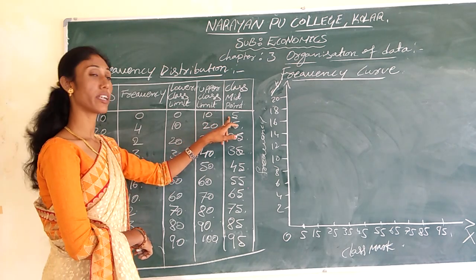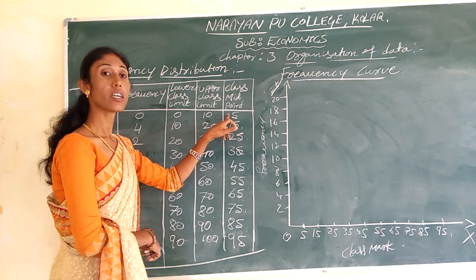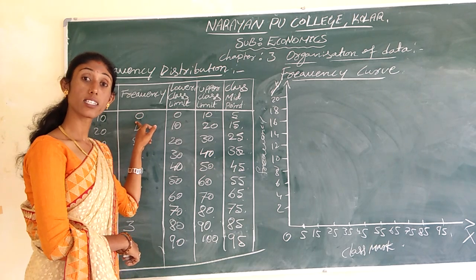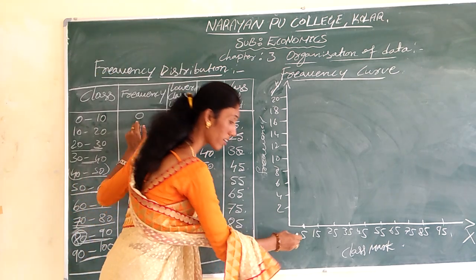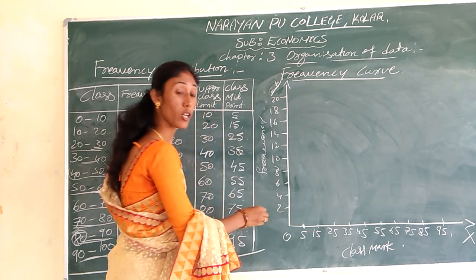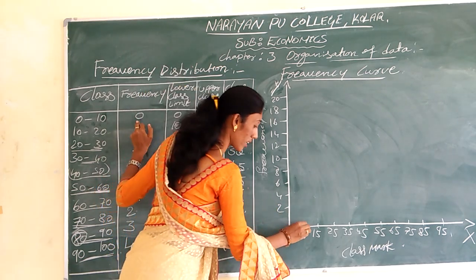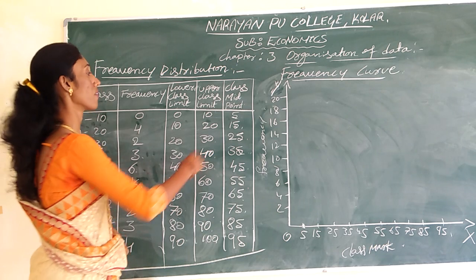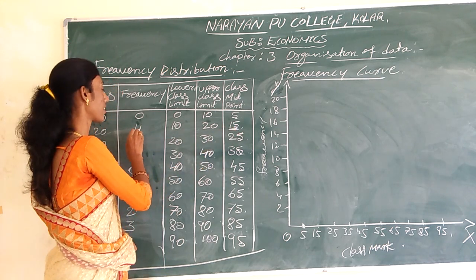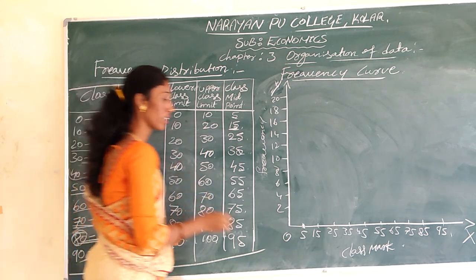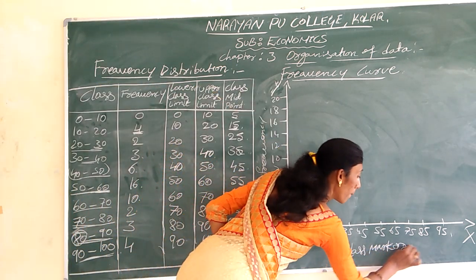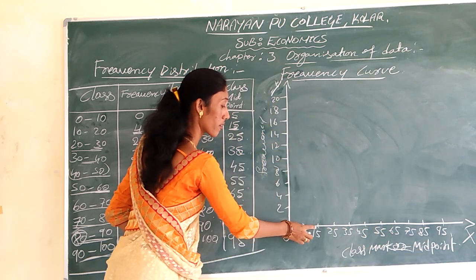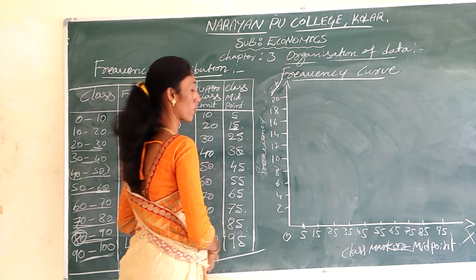Now come to the class midpoint or mark 5. At the value 5, what is the class frequency? The frequency is 0. Keep a point here, and we get the plotted point. One more: when the class mark is 15, the frequency is 4.